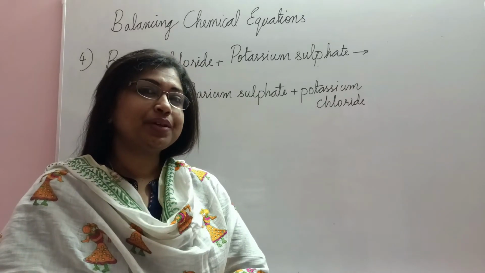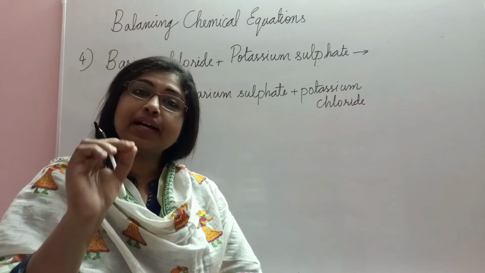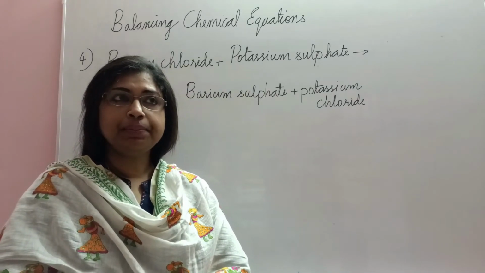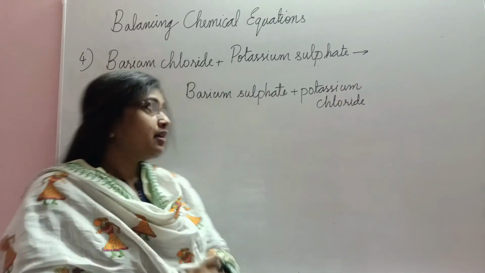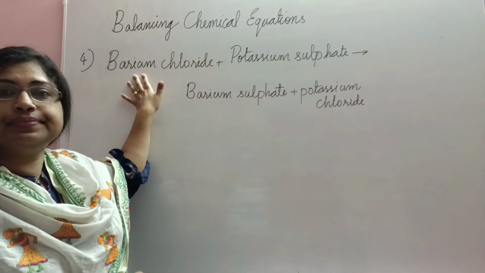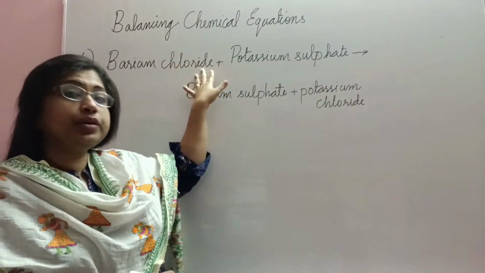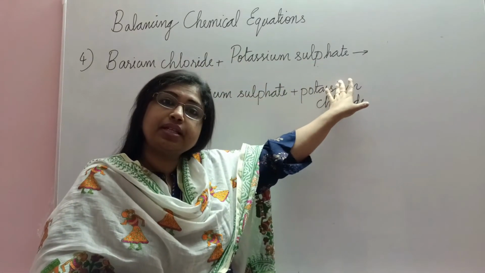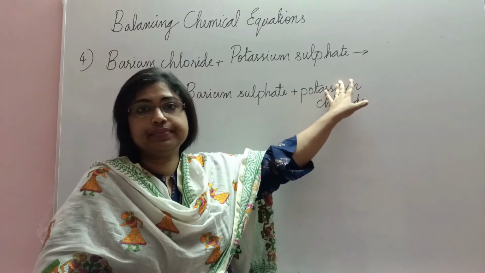First we need to find out the chemical formula of these compounds. Barium is a metal. Chlorine is a non-metal. Potassium is a metal. Sulfate is a polyatomic ion.